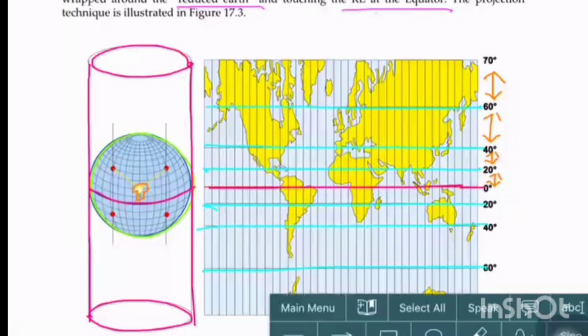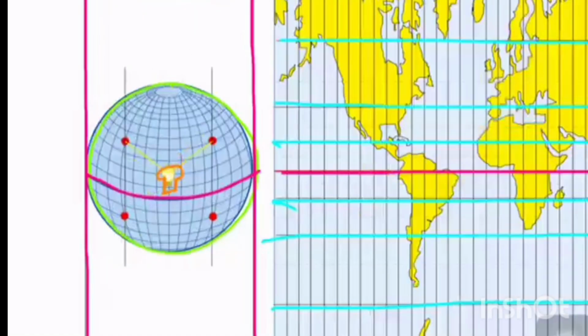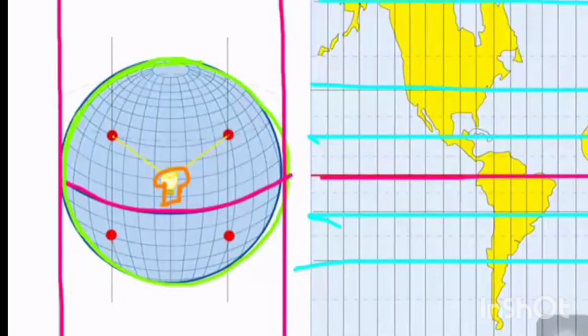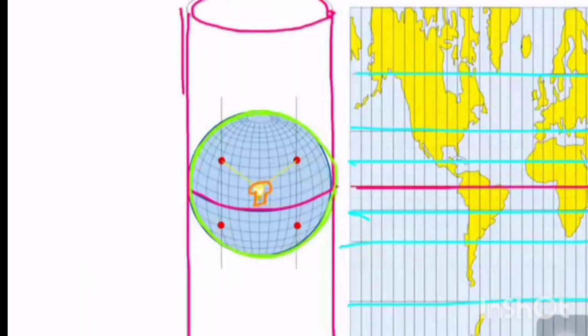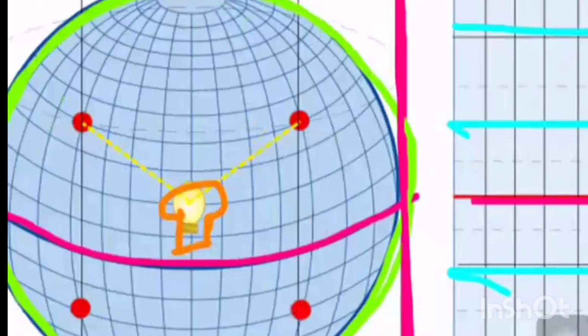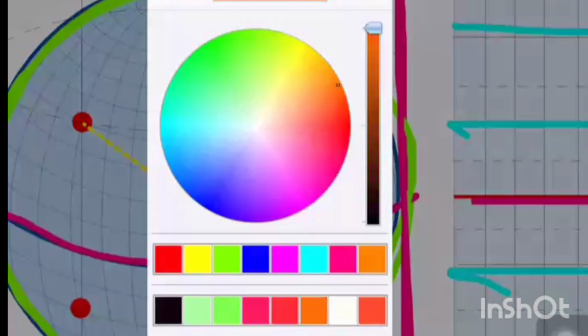So we have the reduced Earth over here. And I place this pink sheet of paper wrapped around the Earth like this. Now I emit a light source inside this.